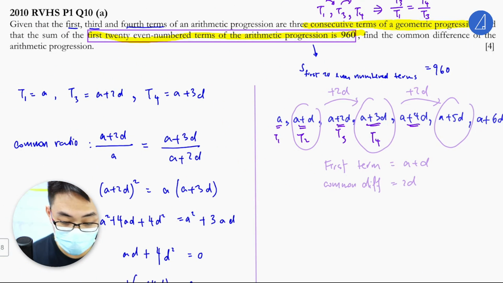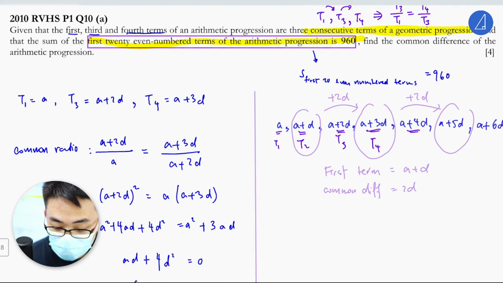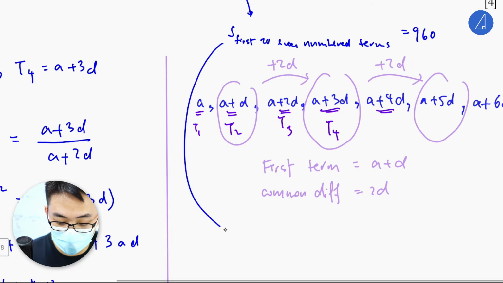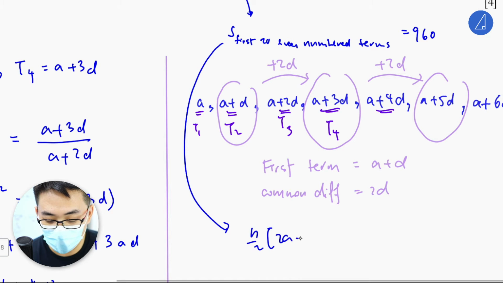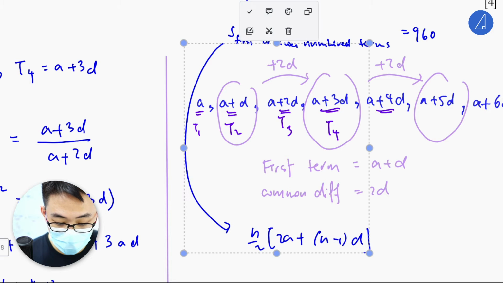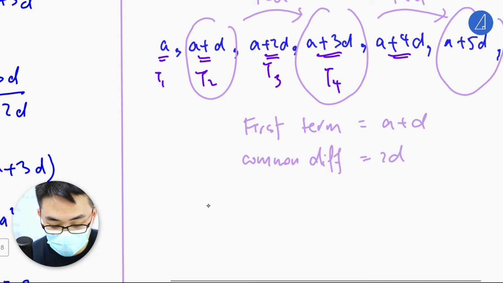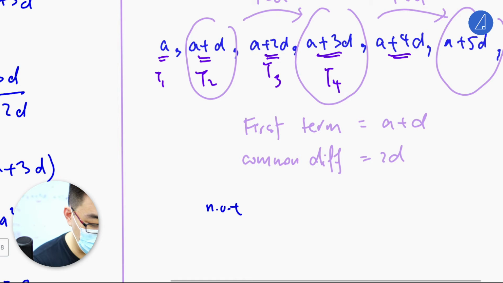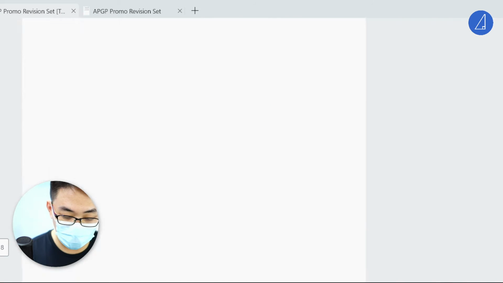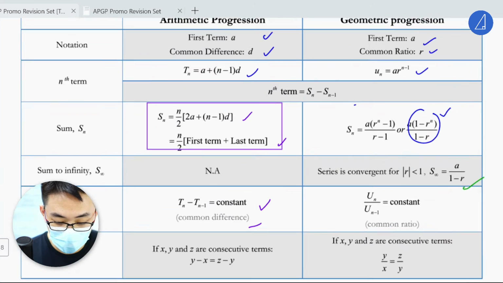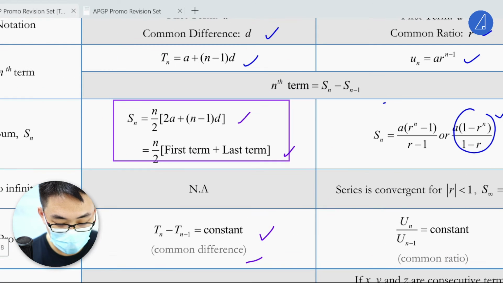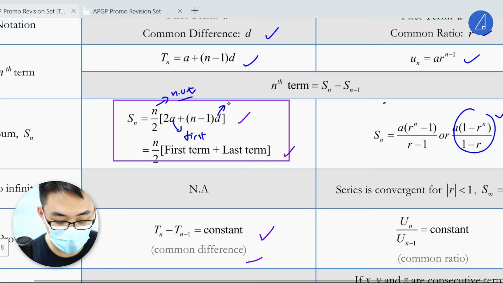So it helps to understand why sometimes you try not to write this as n over 2 times 2a plus n minus 1 d, because it becomes very confusing very quickly. So usually what I'll say is you write it as number of terms. You take your formula from the formula book, and take this as the number of terms. Usually this is what I tell our students. Then this a, you just put it as the first term. Then this one is the common difference.